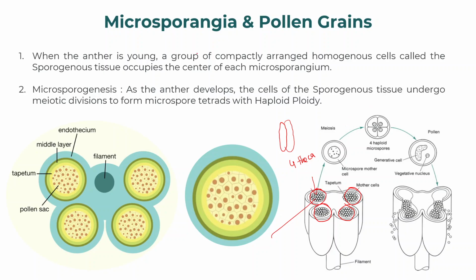So in these microsporangia, when the anther is young, a group of compactly arranged homogeneous cells called the sporogenous tissue occupies the center of each microsporangium.